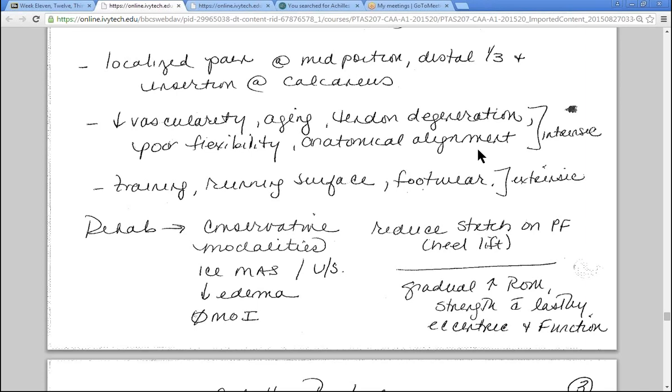For some patients, you might see that the calcaneus is in a valgus position, which puts stress on the medial aspect of the Achilles tendon, or the calcaneus at the subtalar joint is in a varus position, which places more stress on the lateral portion of the Achilles tendon. Those are intrinsic features that increase the likelihood of something happening with this tendon. And then we have extrinsic features that are environmentally caused.